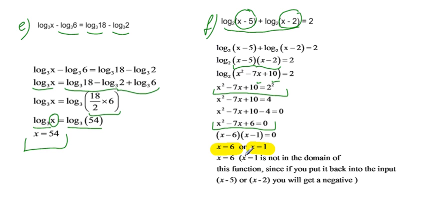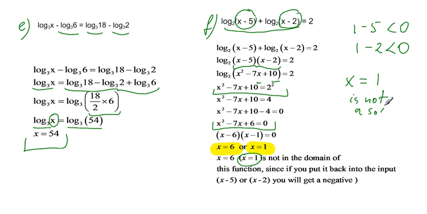When you use 1, this gives you a negative, because 1 minus 5 is less than 0, so is 1 minus 2 a negative. So this is why x is equal to 1 is not a solution.